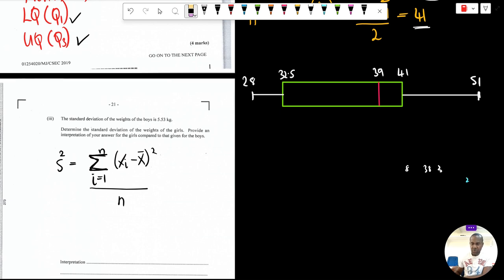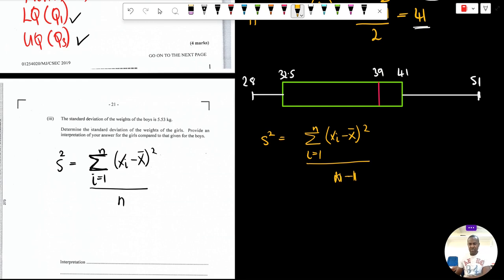So this formula given at the front of the booklet is normally used to find the standard deviation of the entire population. However, if you're using a sample of the population to find the standard deviation, the formula is modified to give this. Well, S squared is equal to the sum from i equals 1 to n of (xi minus x bar) squared all over n minus 1, right?